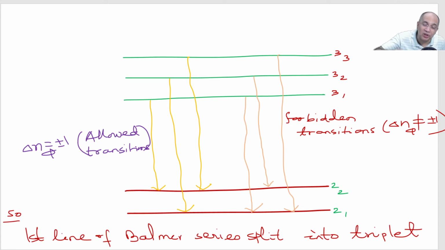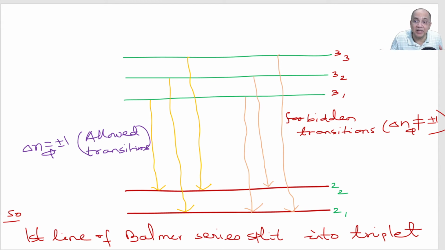For allowed transition, the transition which will result in a detectable intensity and you get a final line will be when delta n phi, the change in the azimuthal quantum number, will be plus 1 or minus 1, not 0, not plus 2, minus 2.